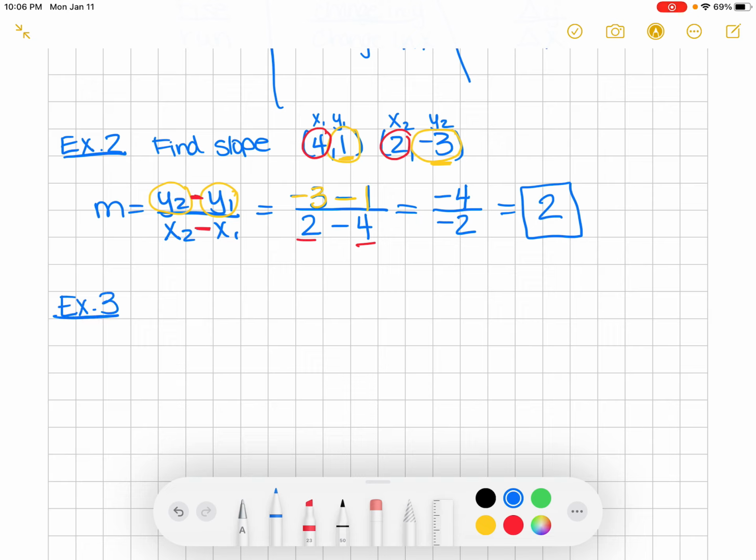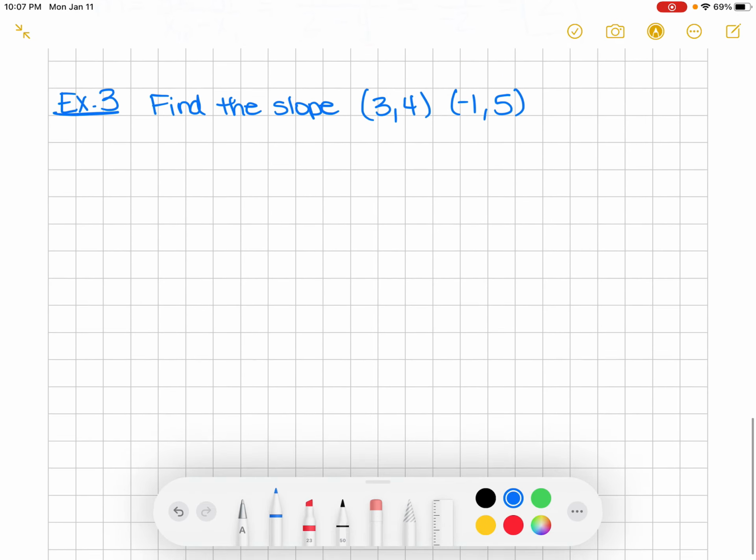Okay, let's go on to example 3. Same type of problem. We're going to find the slope for the line that passes through (3, 4) and (-1, 5). You could actually draw this on a graph and count your rise over your run, but I want you to be using the formula right now.